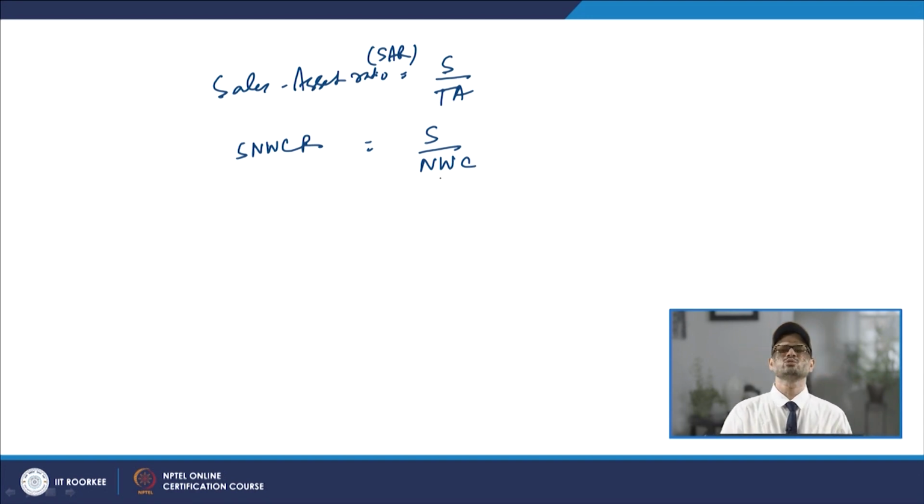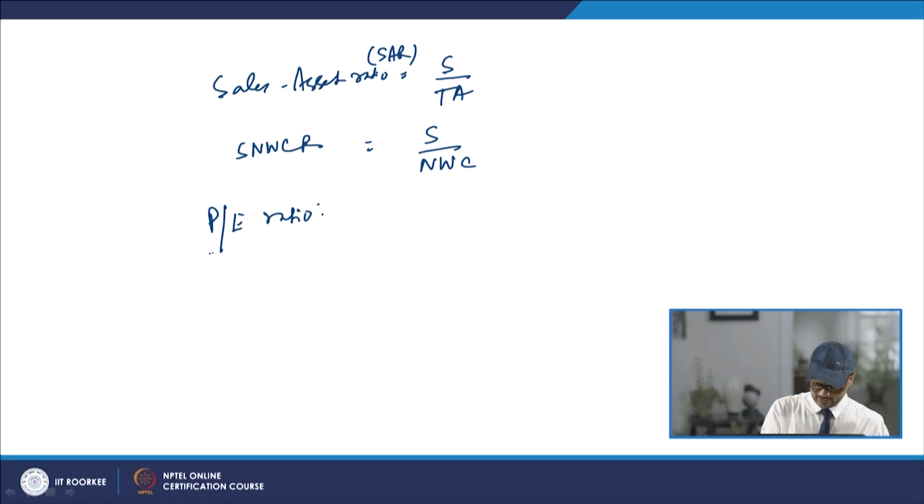You also have market-based ratios, like the price by earning ratio. That depends upon the market price of the common stock and the earning per share.